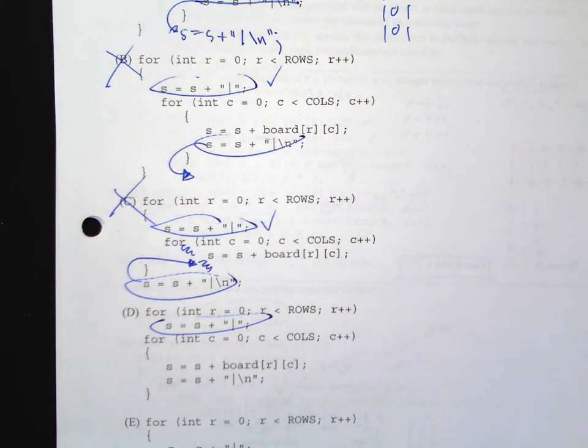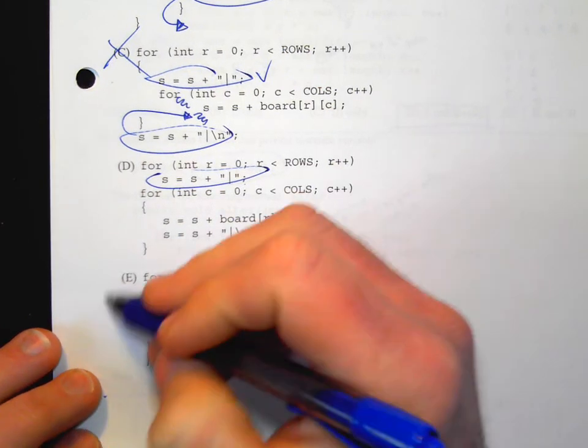Now the last one, you could just try and find the one that looks like what we predicted should happen. This is good. It happens before. This is good. It happens after. Even though there aren't these marks, if you don't have the curly braces on a for loop or an if statement or a while loop, then it only reads the next line as being inside of it. So this is it.